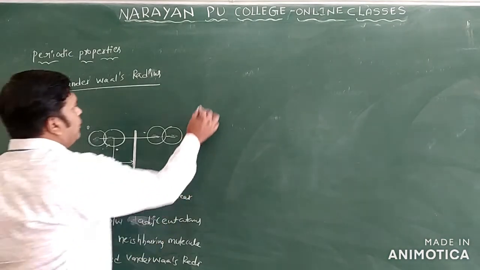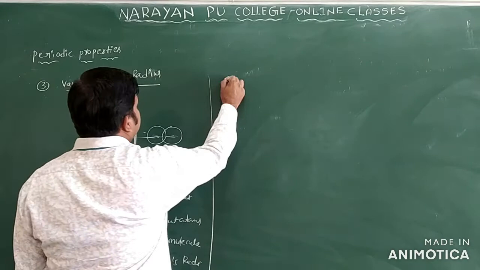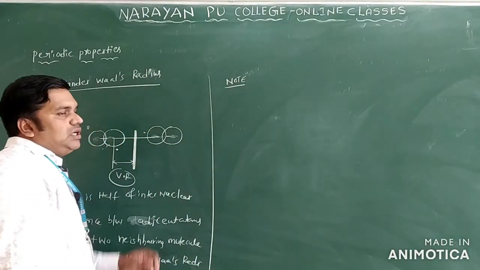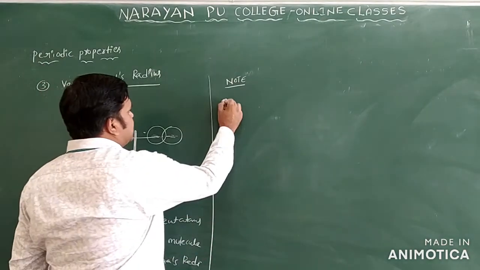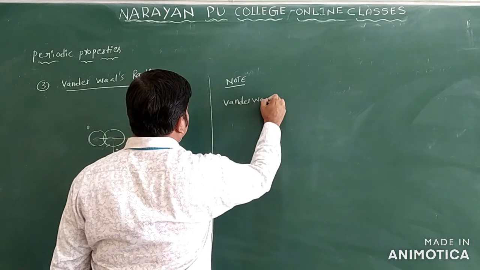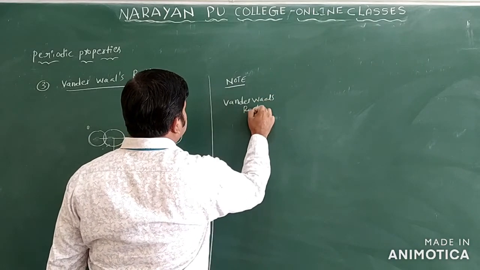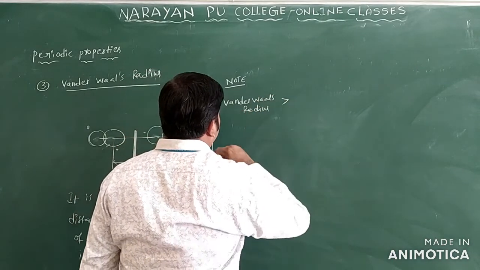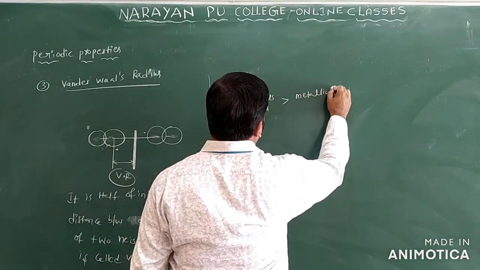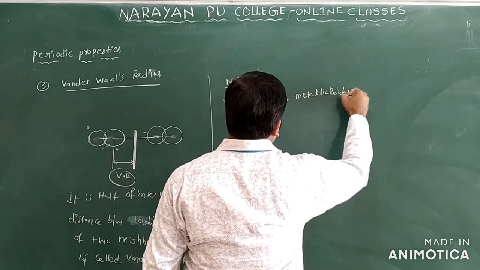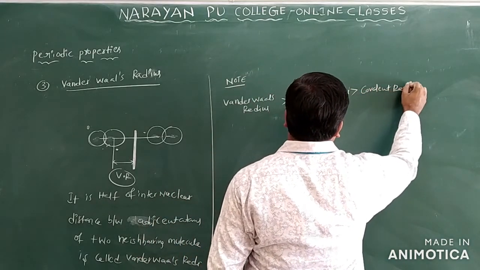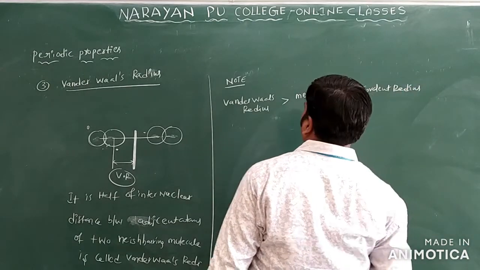So generally we have to compare these radii. What radii did we discuss up to now? We discussed the metallic radius, covalent radius and van der Waals radius only. See the order here: van der Waals radius is greater than metallic radius, and metallic radius is greater than covalent radius only.